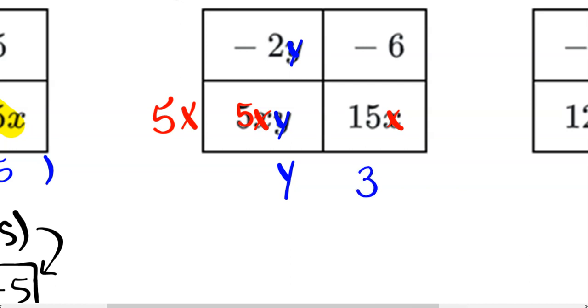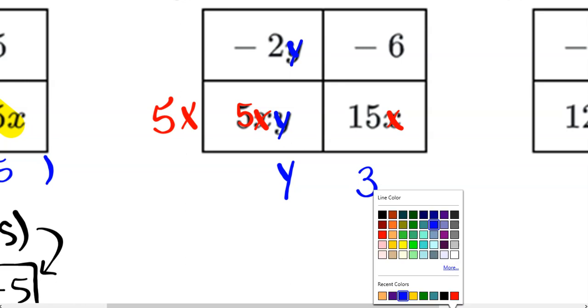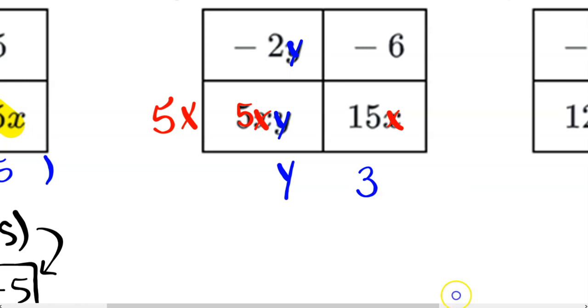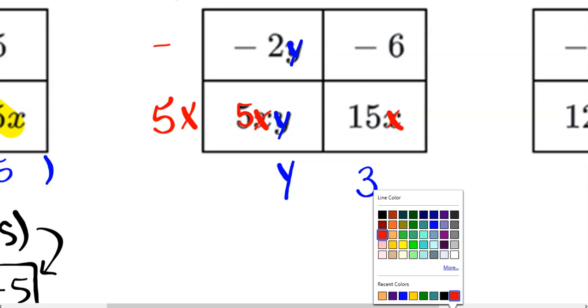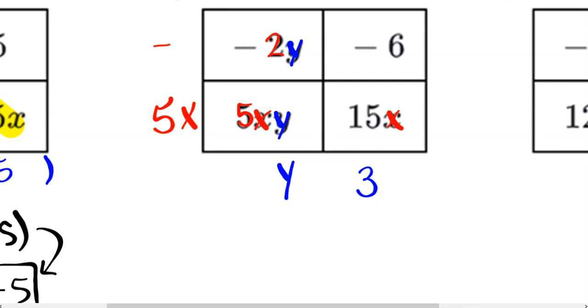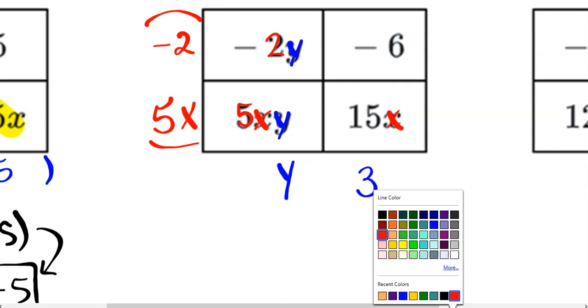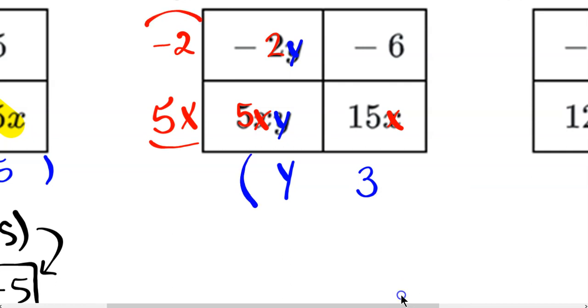And now I've got to worry about the negative numbers. So I know I need a negative going across. And the only way I'm going to get that 2 is with a -2. And I think we're done. And so 3 times -2, so that would be a negative 6.